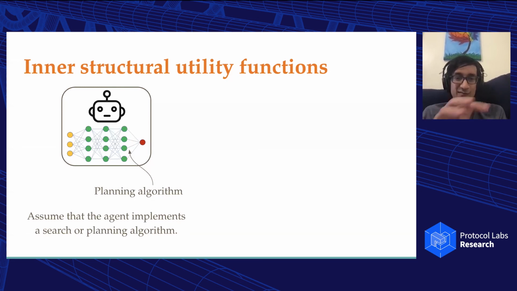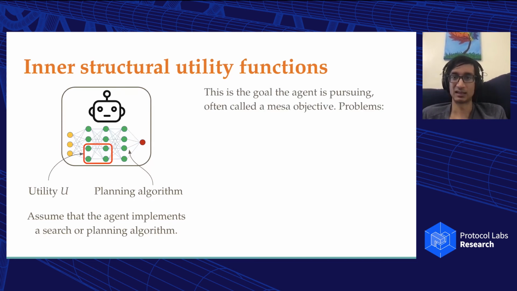And then you just look inside the neural net, identify the place that is that metric of goodness, and call that your utility function U. So it's the goal that the agent is pursuing. If you're familiar with Mesa optimization, this is what you would call the Mesa objective.